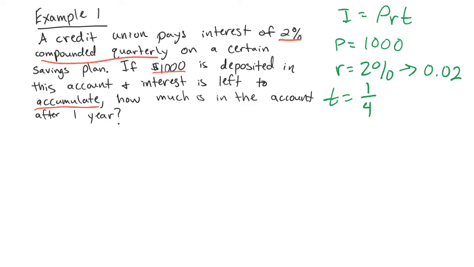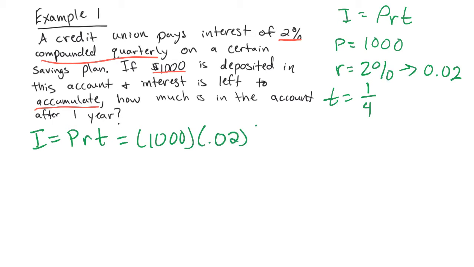All right, so let's start. Our formula I equals PRT. Our principal is $1,000. Our interest rate is 0.02. And our time is 1/4. If you type all that in your calculator, it's going to give you $5. So after 1/4 of the year, you got $5.